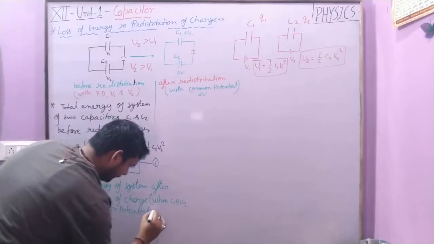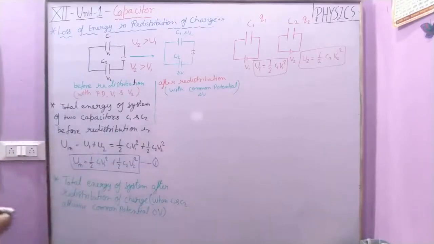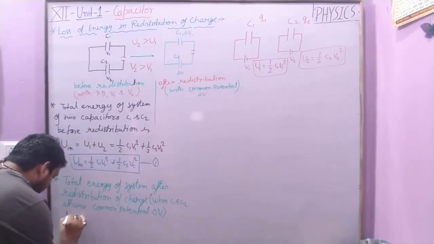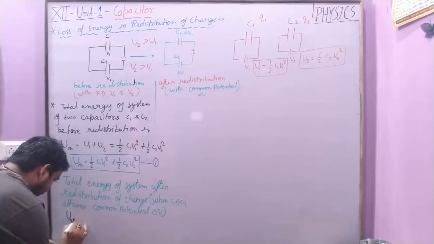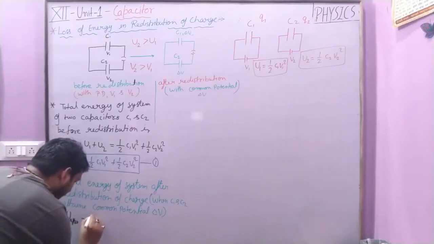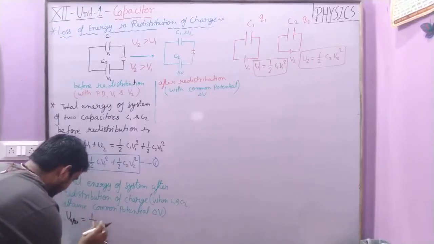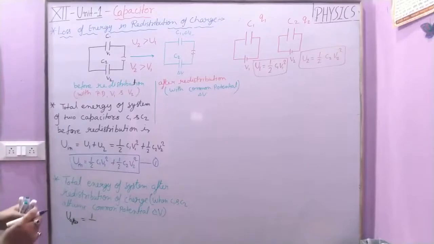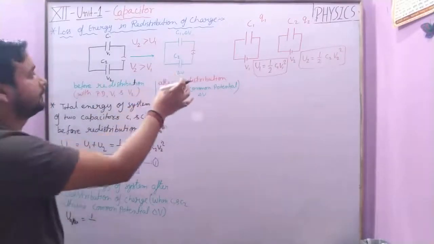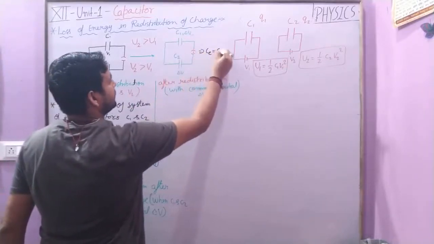Okay, del V. The energy is given by U after, is equal to 1 upon 2 C equivalent del V square. Here the capacitors are connected in parallel, so C equivalent is equal to C1 plus C2.